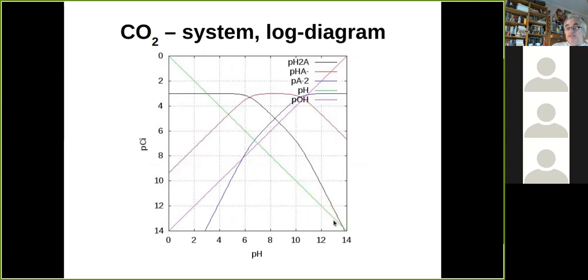So carbonic acid is hardly 10 to the minus 14 at pH close to 14, but 10 to the minus 14 compared to Avogadro's number is still a lot of carbonic acid molecules. This is difficult to conclude from these equilibrium expressions, even though those equilibrium expressions are the ones that lie behind the shape of these curves.